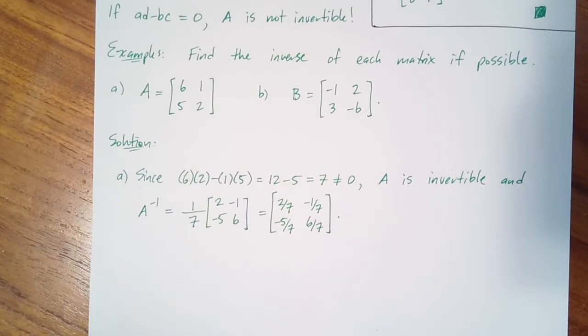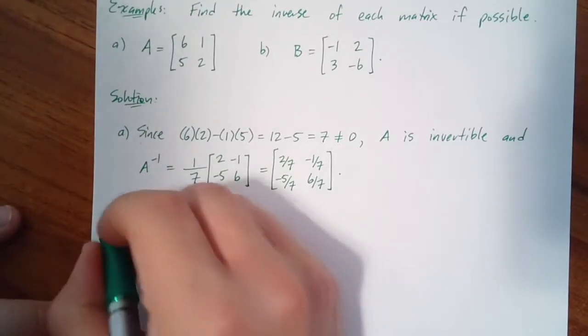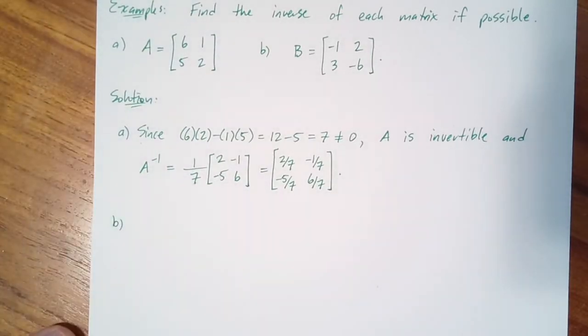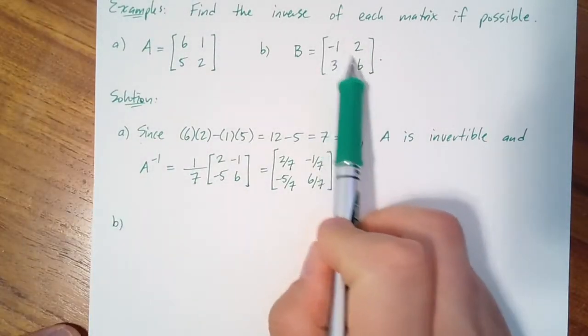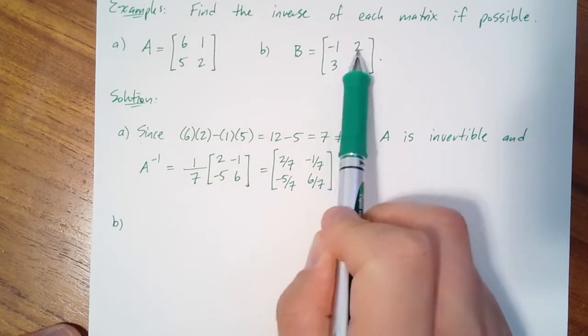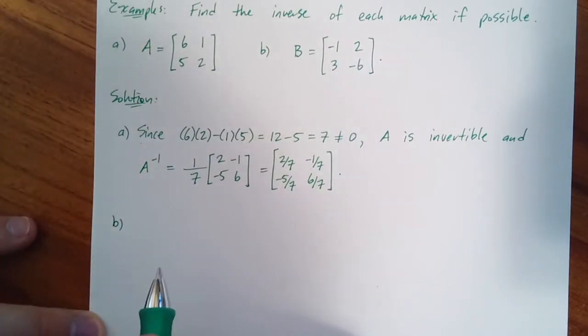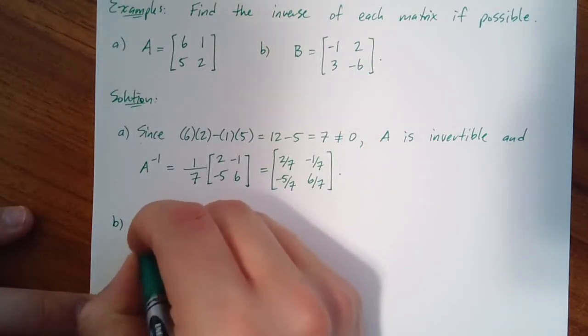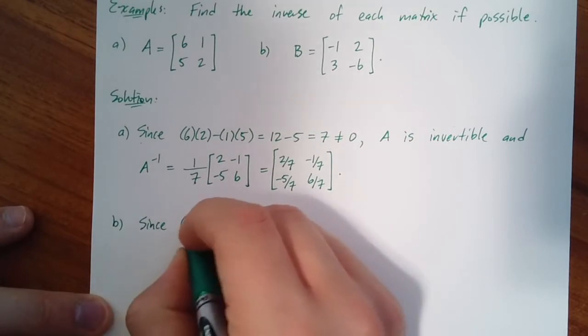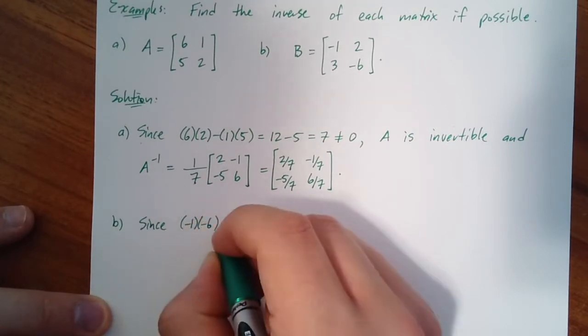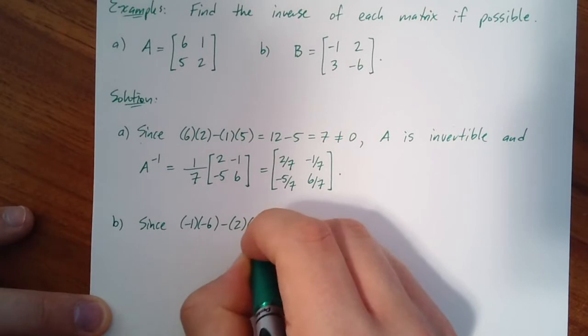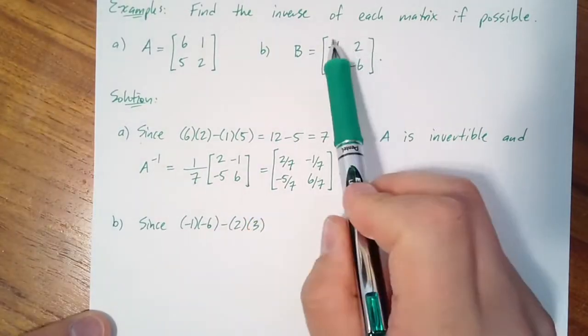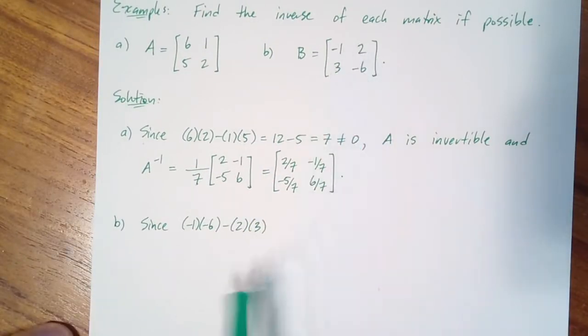Okay, so what about the second example? Well, let's start by working out the product of -1 and -6 and 2 and 3 and doing the appropriate subtraction. So -1 times -6 minus 2 times 3, right? So I'm taking this product minus this product, and that gives me this.